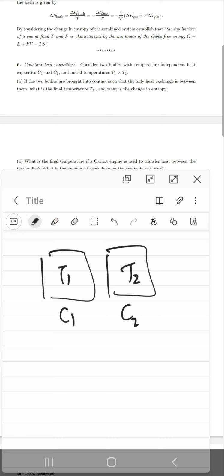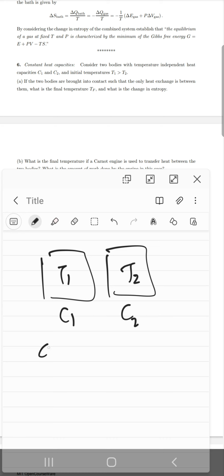All right, so the final temperature is probably not that hard to calculate. We can just use the work energy theorem and all that. There is no work in the first place, so it's just conservation of energy, more or less. You have been given the heat capacities, so temperature independence, it doesn't matter what temperature this one is at.